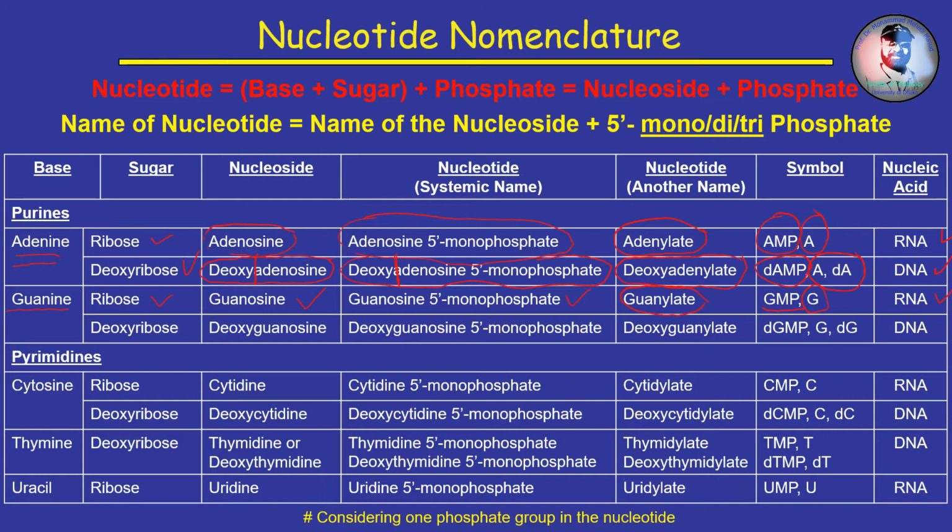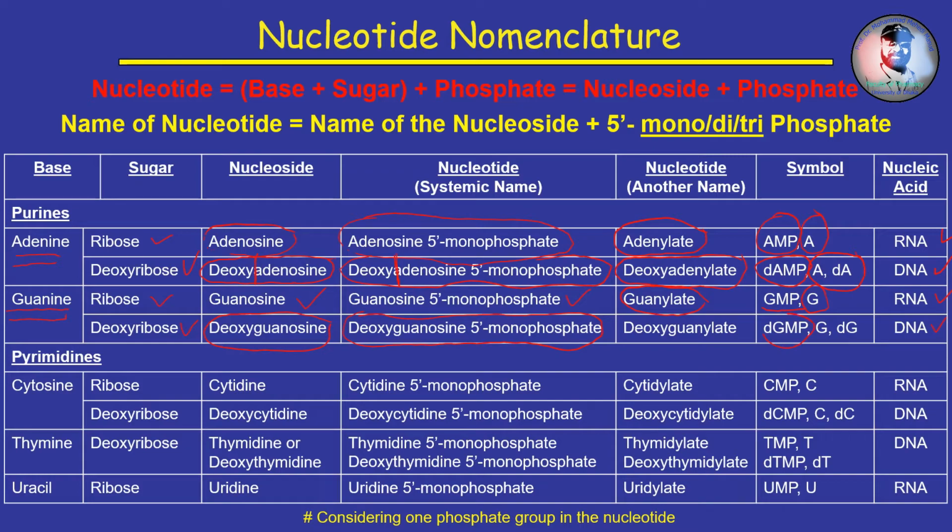Similarly, if the base is guanine and the sugar is deoxyribose, then the name of the DNA's nucleoside is deoxyguanosine and the name of the nucleotide is deoxyguanosine 5' monophosphate. The symbol of the nucleotide is dGMP.